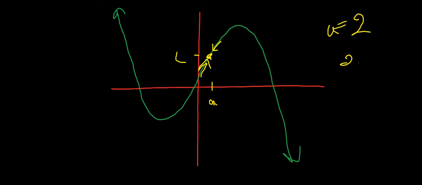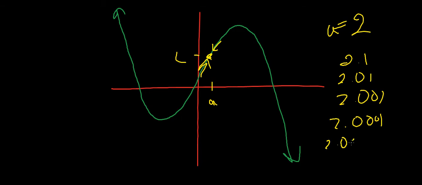Maybe you do 2.1, 2.01, 2.001, 2.0000000 dot dot dot 001. You can have it as close as you can possibly get without it actually ever being 2. That is the limit at A.